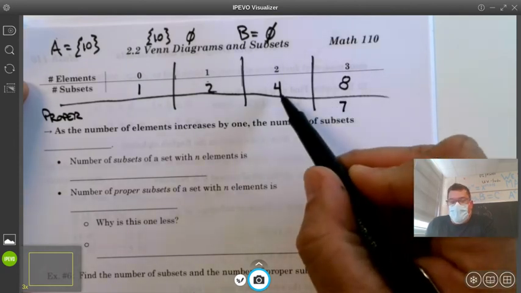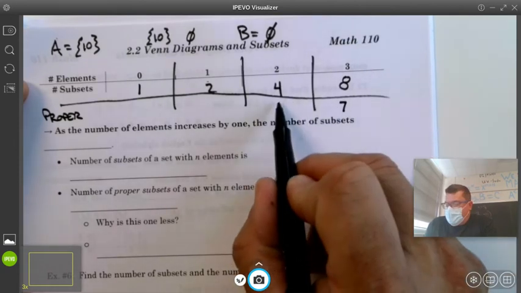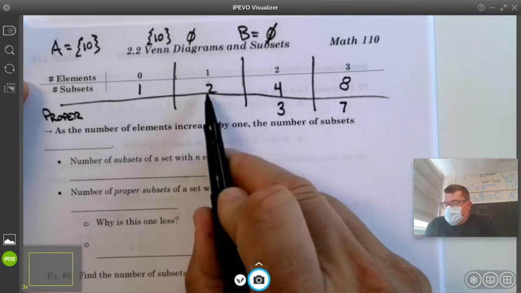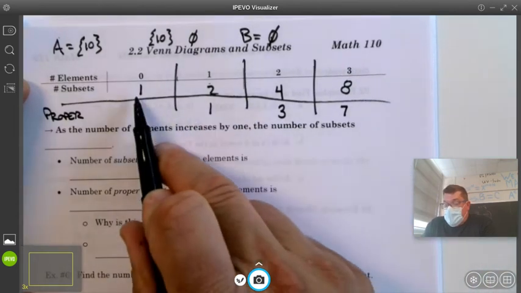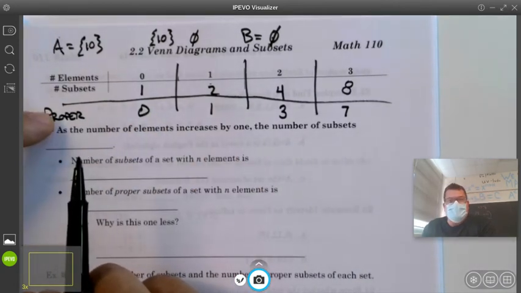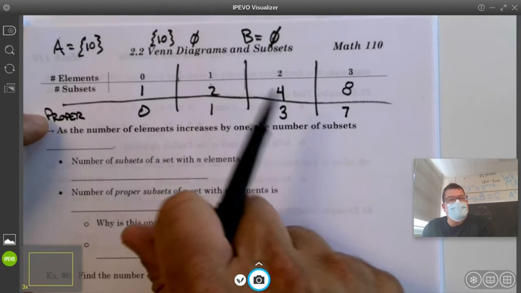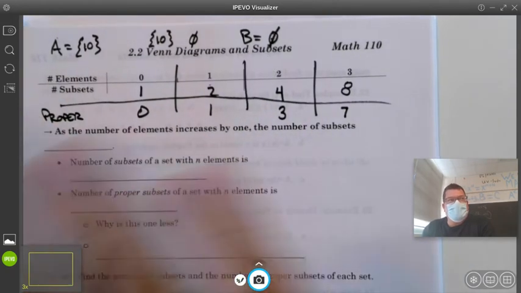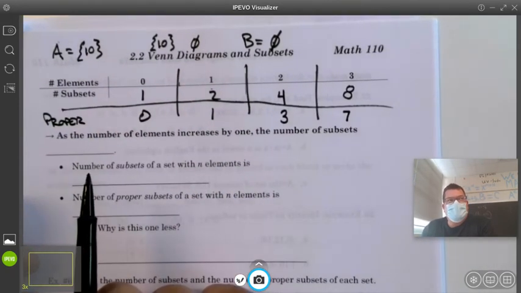How about 4 regular subsets? How many propers? 3, 2, 1. The empty set doesn't have any proper subsets because the only subset of the empty set is itself, which is not proper. Get it?